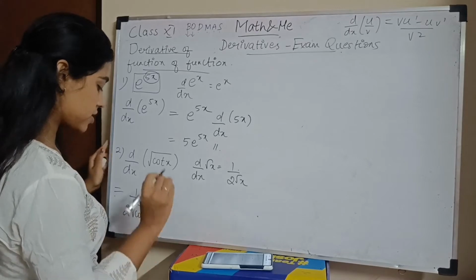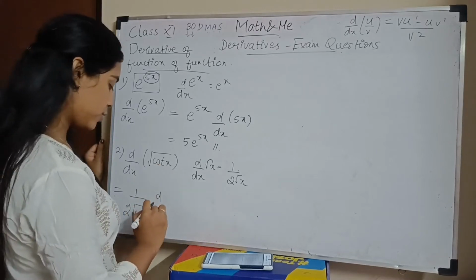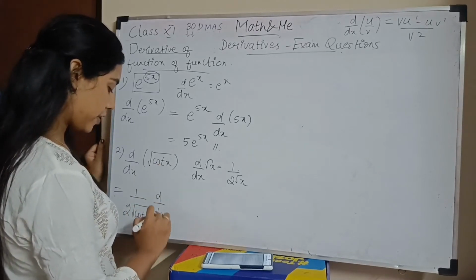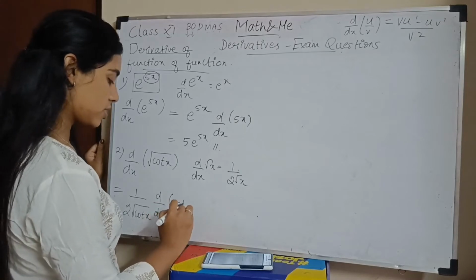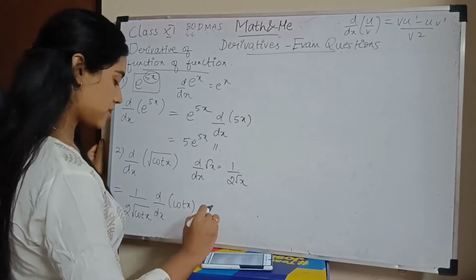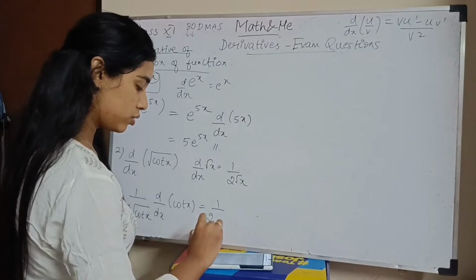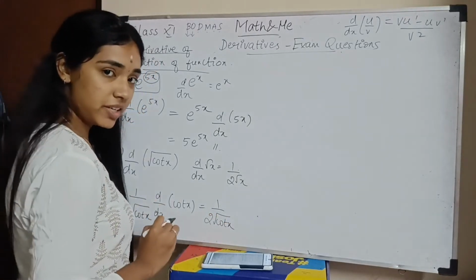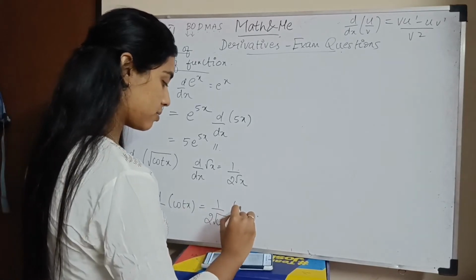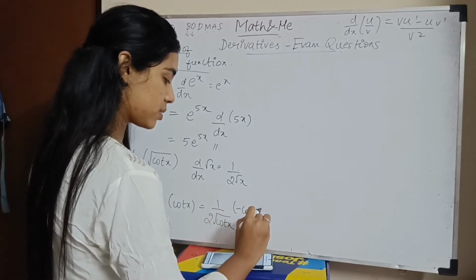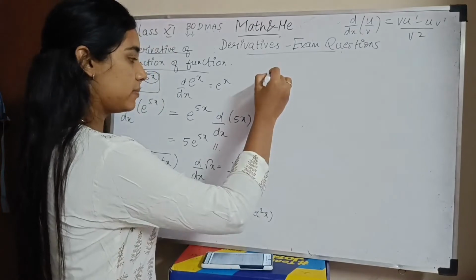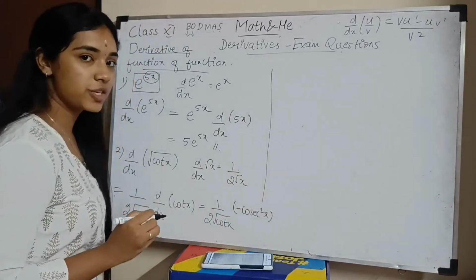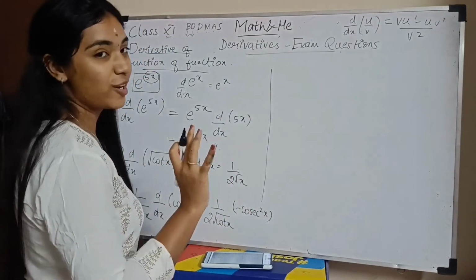In this case your x is cot x, and further you have to take the derivative of the function that is inside, which is cot x. So what will be your answer? It will be 1 by 2 root cot x. Cot x or a derivative minus cosecant square x. So minus cosecant square x. Okay. We'll solve a lot of such questions. You will have a better understanding in the end of this video.